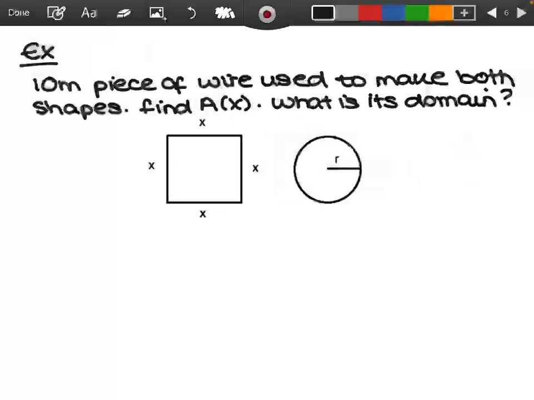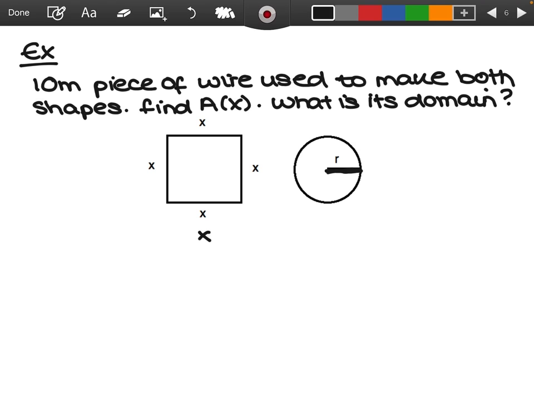With one piece of the 10-meter wire, we've made a square, and with the other piece, we have made a circle. And the question is to find the area of both shapes combined, but do that area in terms of x. So I basically want to get rid of this r variable in my area equation.